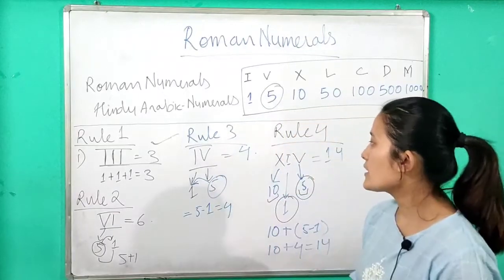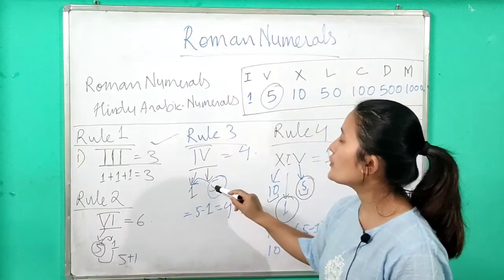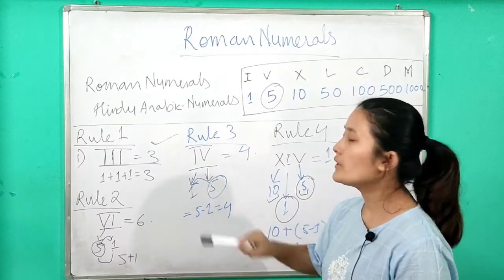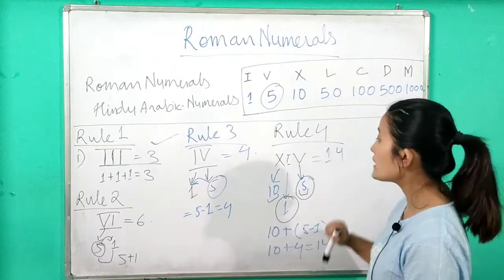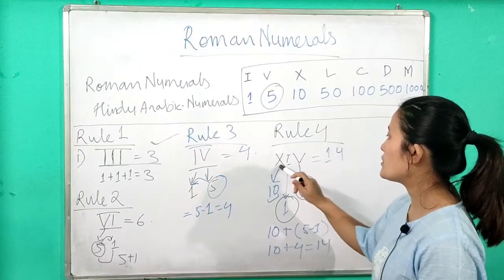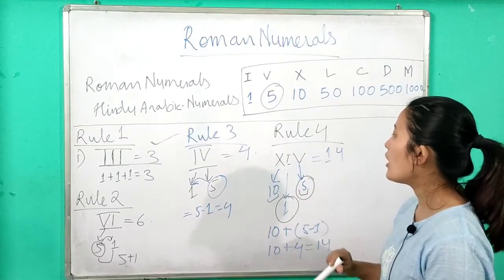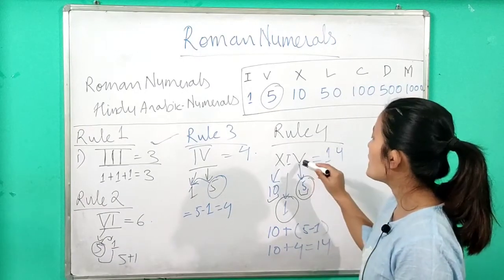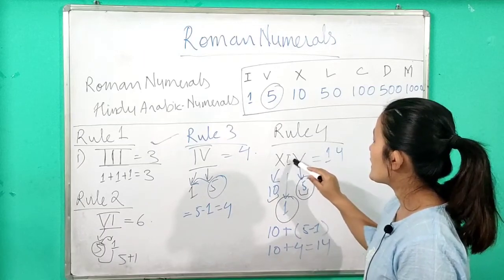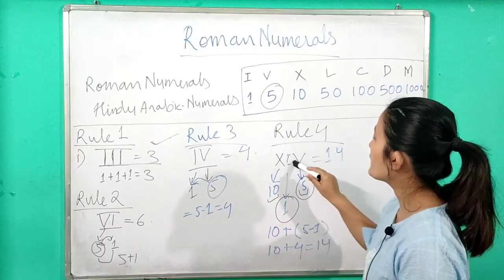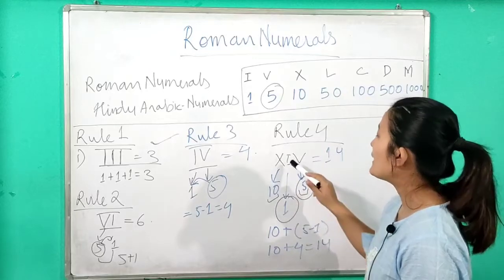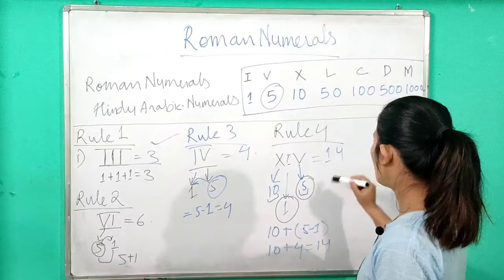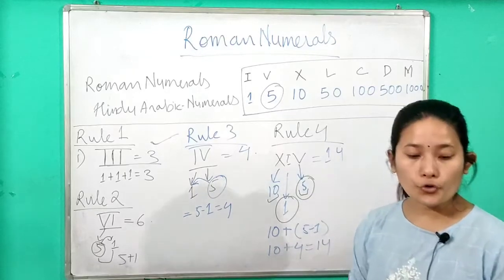Rule number 3 says if the smaller value comes before the greater value, then the smaller value should be subtracted from the greater value. Rule number 4 says if you have a smaller value sandwiched between 2 greater values, then first you subtract the smaller value from the value given on the right, and then add it up with the remaining number, then you get the answer. So these are the 4 rules.